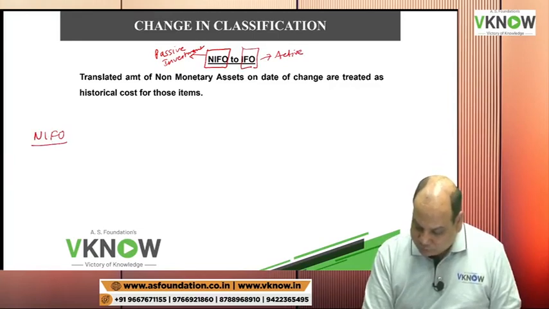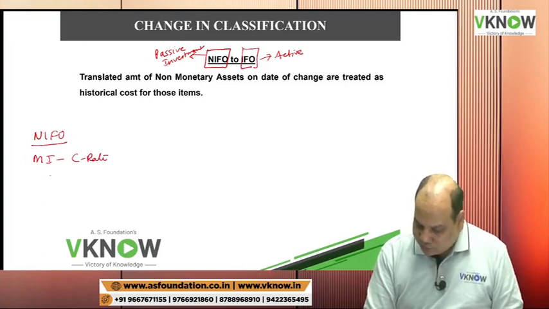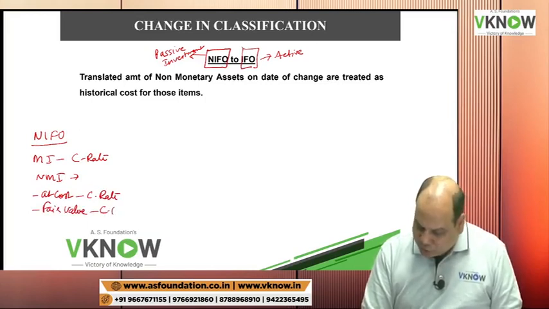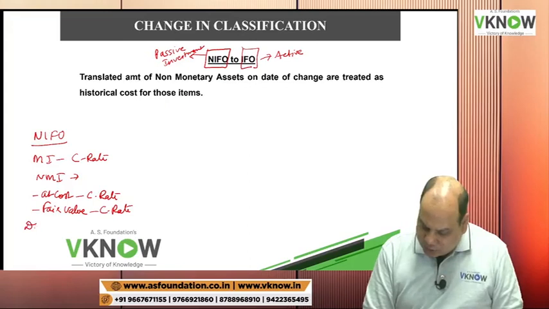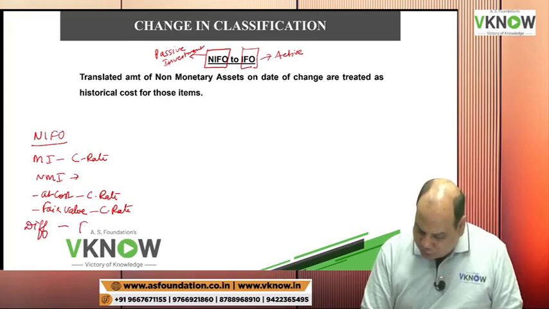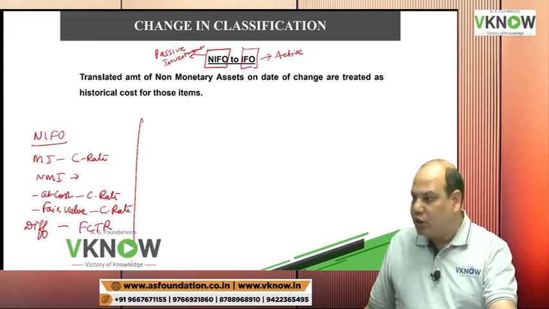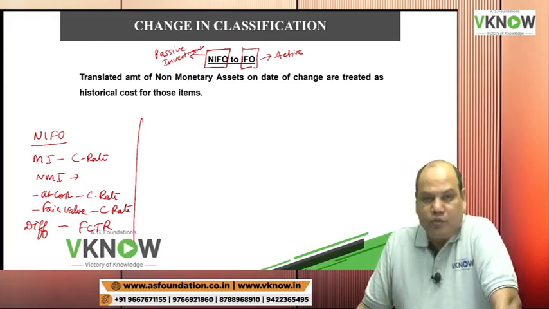When it was NIFO, monetary items were at closing rate. Non-monetary items carried at cost were also at closing rate. Non-monetary items carried at fair value were also at closing rate, and the difference was accumulated in FCTR. This is what we have been doing when the foreign operation was NIFO.